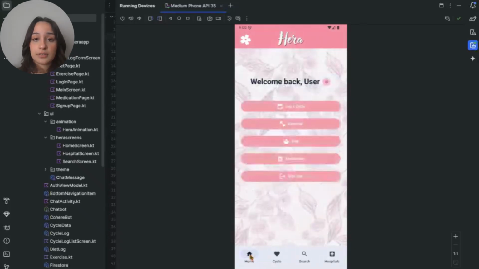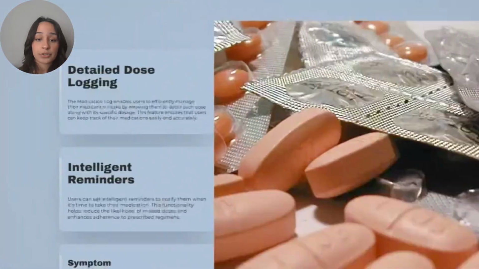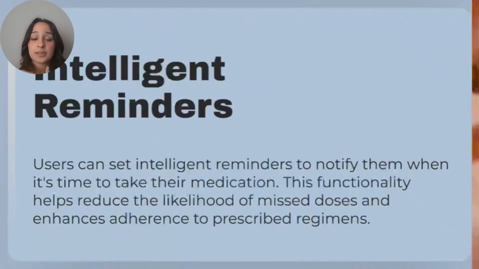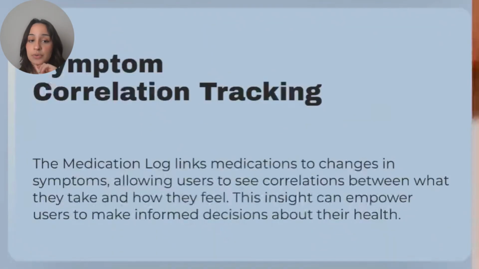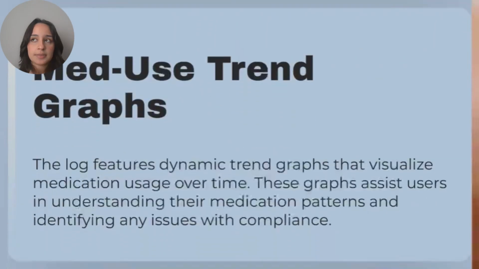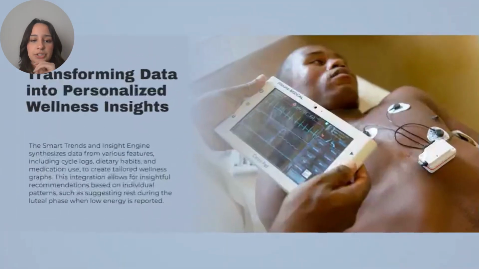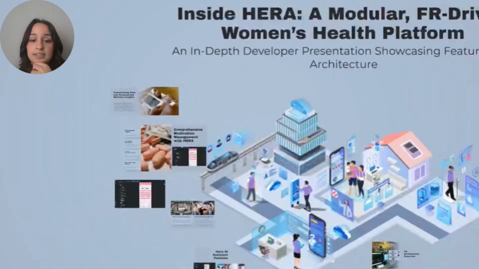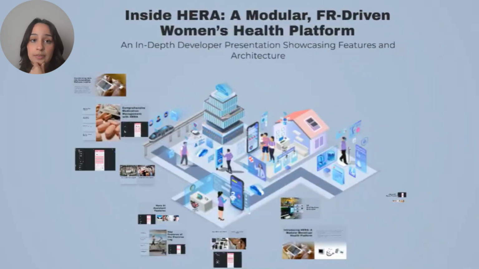And once saved, the reminder appears on the home screen. The log history view, per the functional requirements, shows all past medications with filters by week, month, dosage, etc., with intelligent reminders and symptom correlation with medication tracking. And all this data taken gives insights for the woman to understand her health more and know what the next step to take is.